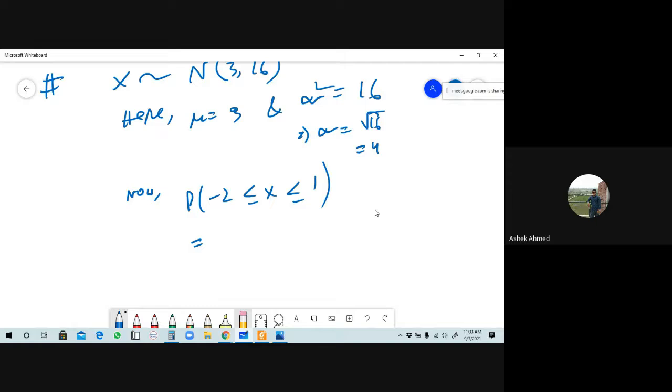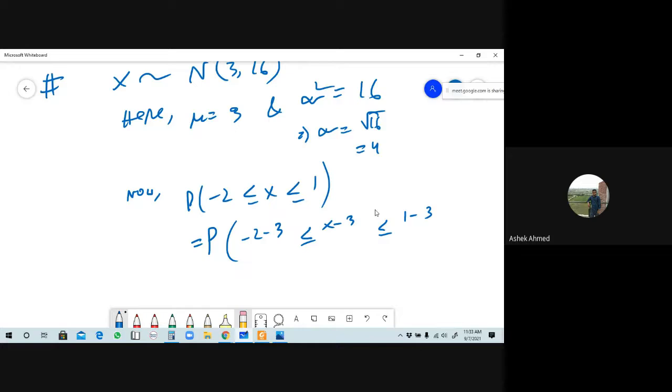At first you have to subtract. This is the probability, subtract from its parts. From its parts you have to subtract mu. The value of mu is here 3. So what will that be? So -2 sorry, -2 -3 less than or equal to x -3 less than or equal to 1 -3, is right.